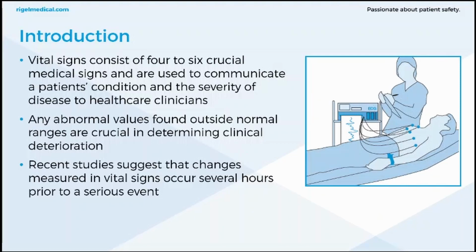Recent studies suggest that changes measured in vital signs occur several hours prior to a serious event. So they allow for continuous monitoring of a patient, with medical staff being continuously informed of the changes in the condition of a patient.